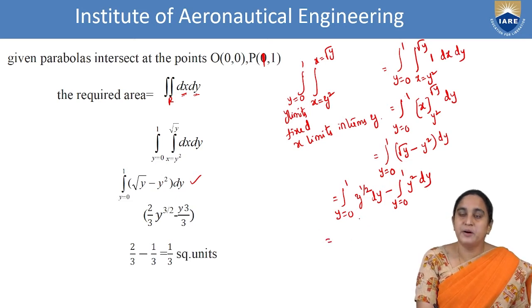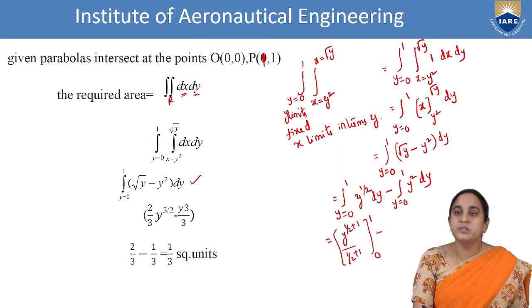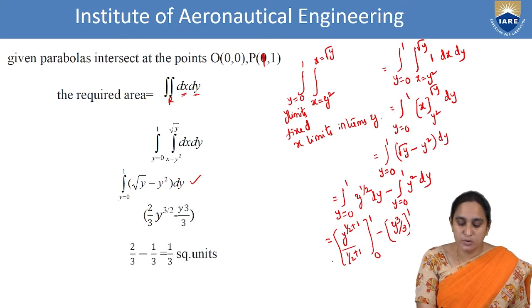From that, what is the integration of y power 1 by 2? That is y power (1 by 2 plus 1) over (1 by 2 plus 1), limit points 0 to 1, minus the integration of y squared with respect to y, that is y cube by 3, limit points 0 to 1.